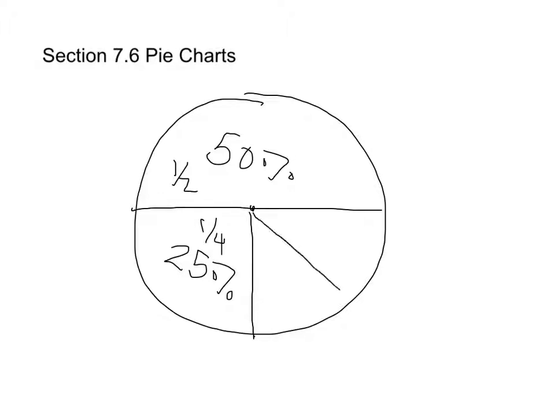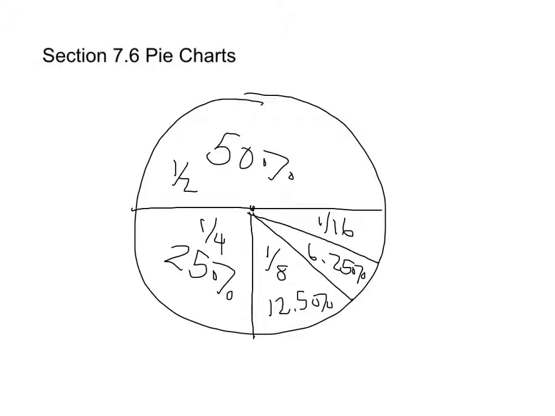If I half that quarter, I've created a 1/8, which is 12.5%. And if I half that 1/8, I've created a 1/16, which is half of 12.5%, which would be 6.25%. So those are kind of your rough guesstimates.